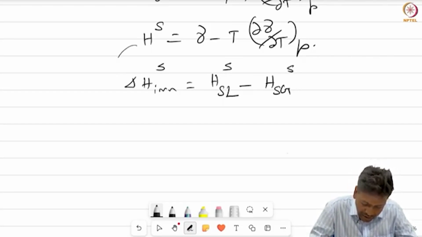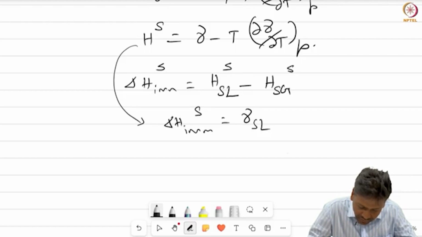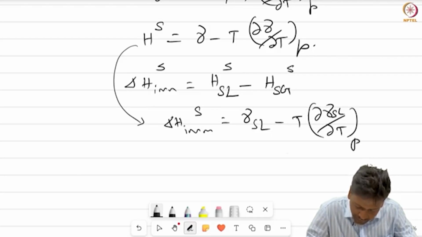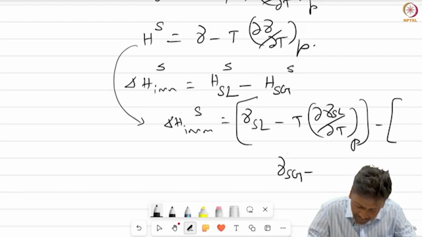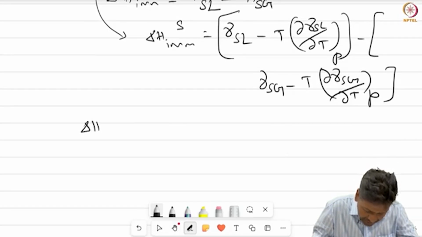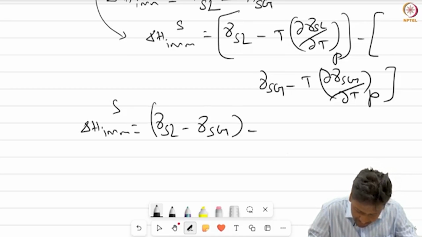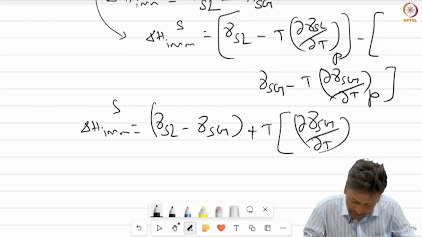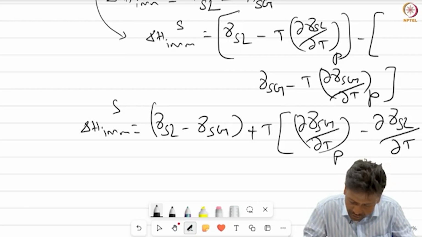In this way, I can rewrite this equation as HSL is gamma SL minus T dγSL/dT at P, minus HSG, which I can write as gamma SG minus T dγSG/dT at P. So we get gamma SL minus gamma SG minus T times dγSG/dT at P minus dγSL/dT at P.